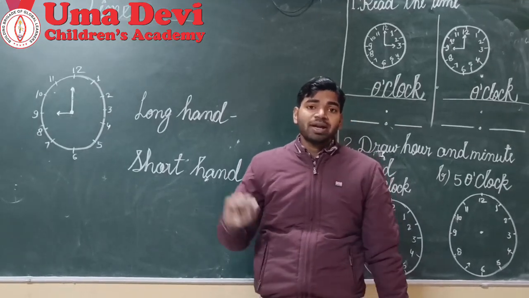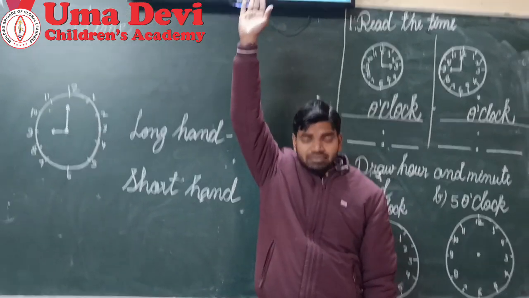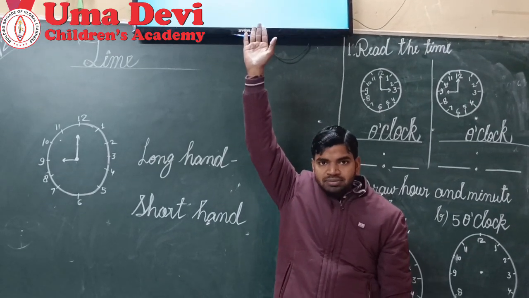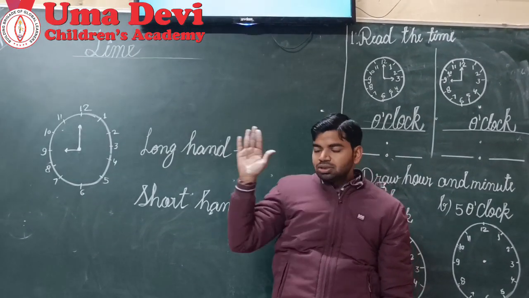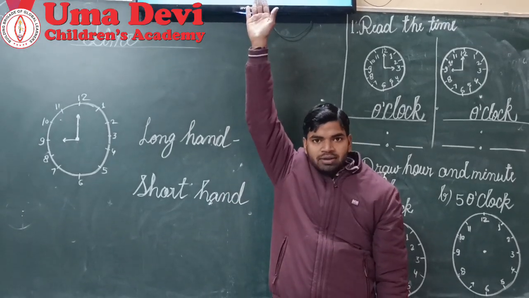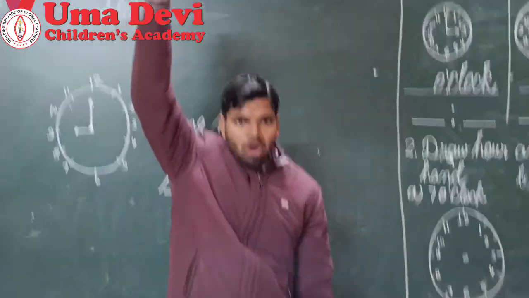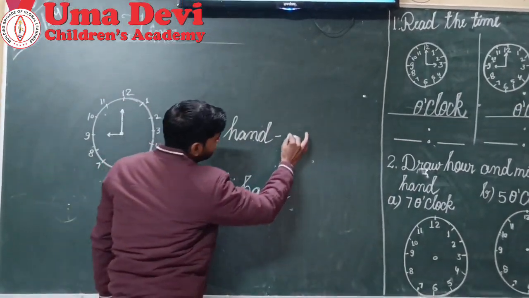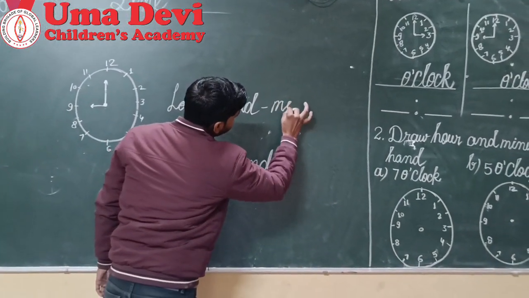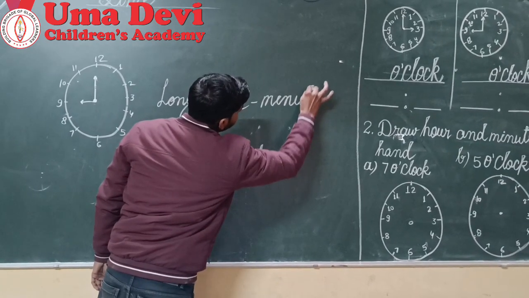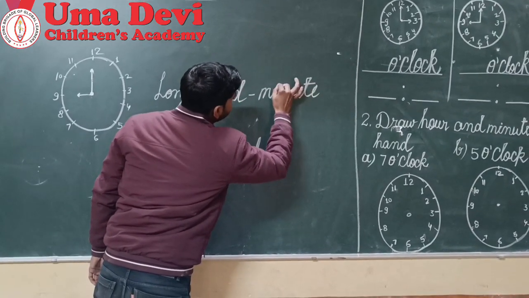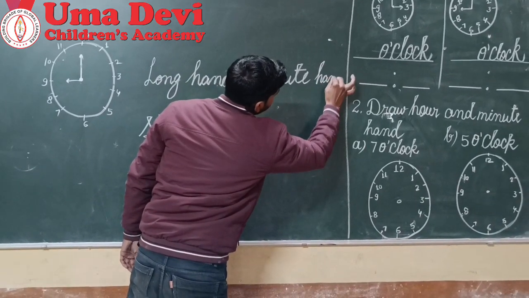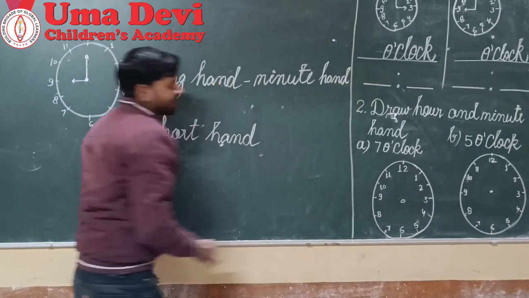So everyone raise your hand. As I am raising this hand, I have raised my hand fully. So it is a long hand. Yes or no? Long. This is short. Long hand, short hand. The long hand is also known as the minute hand.